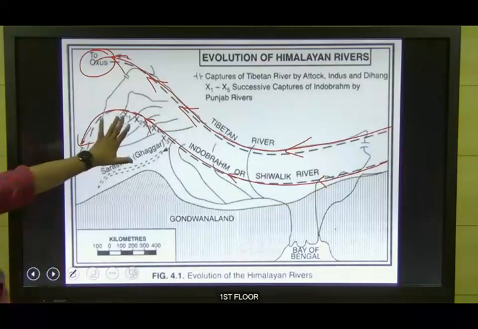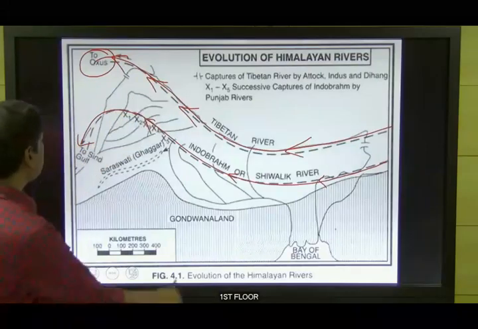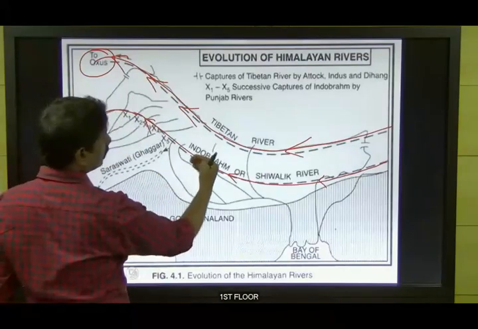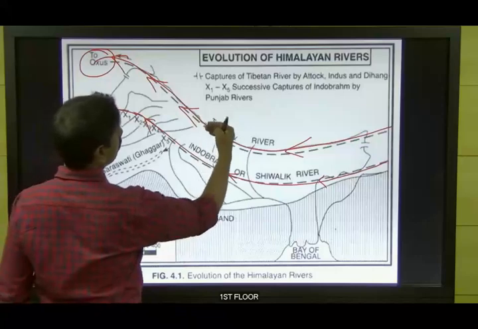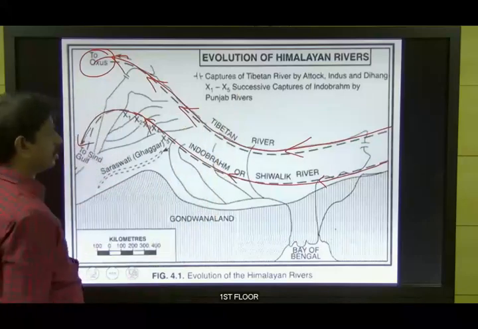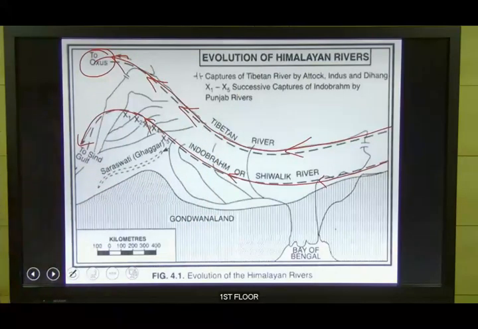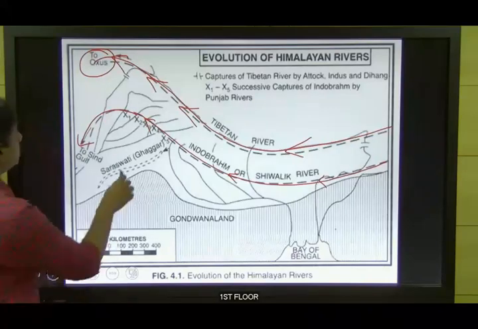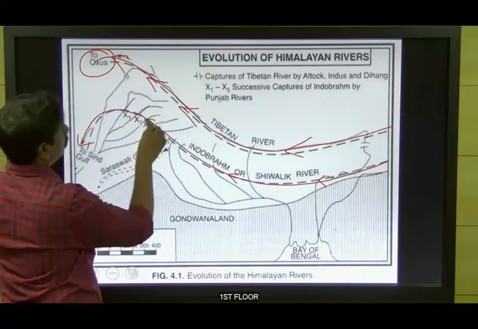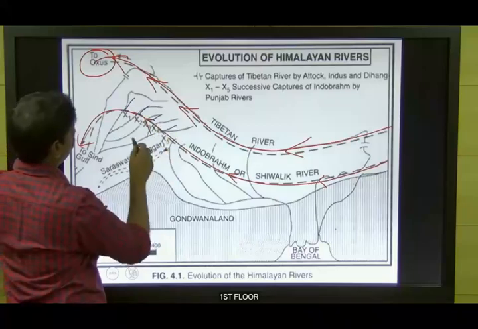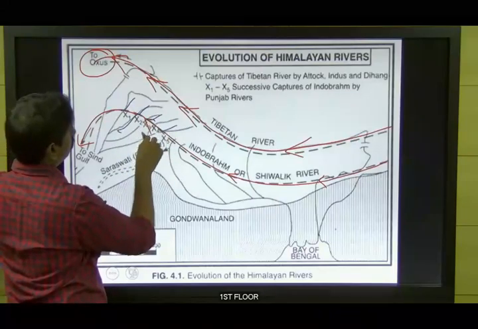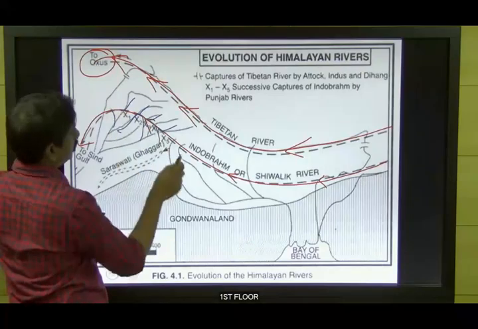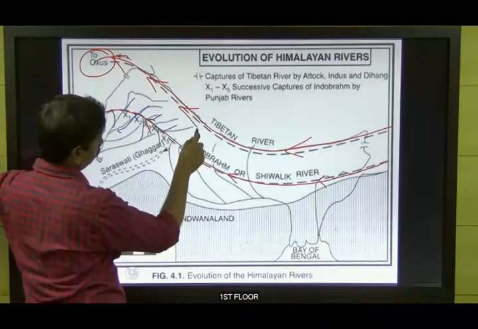Himalayas was not there then. This is a separate plate. On the Indian side, this river was there, and on the Tibetan side, that river was there. The two rivers were draining like this. Now I am going to draw some tributaries. For this river, tributaries were there like this.